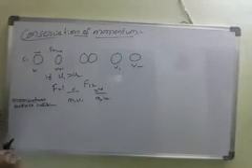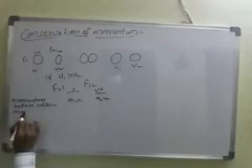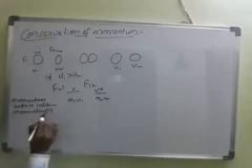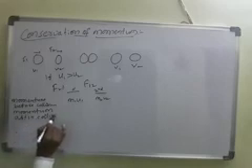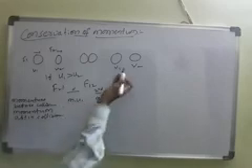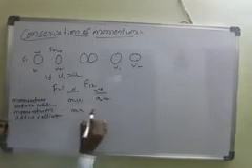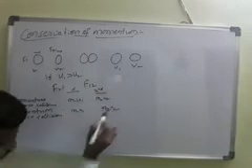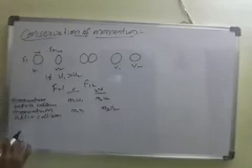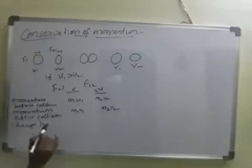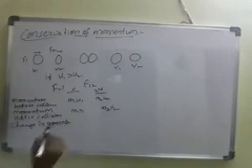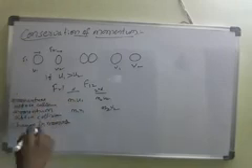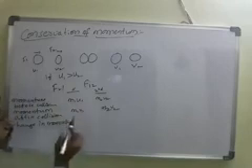Then momentum after collision. After collision the velocity is v1, so it is m1 v1 for the first marble, and m2 v2 for the second one. The change in momentum, delta p, is the momentum after collision minus the momentum before collision.